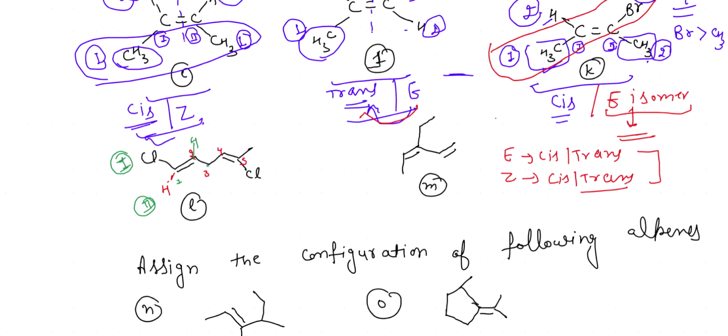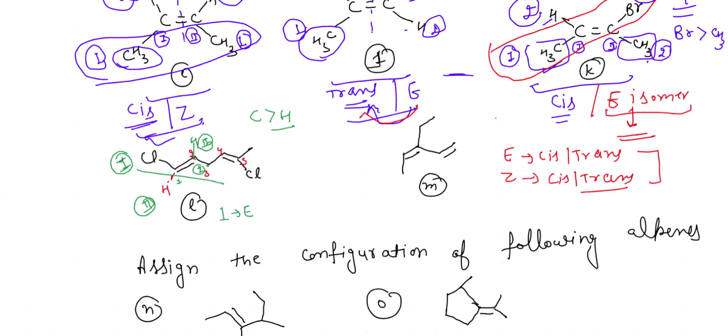Out of carbon and hydrogen, carbon is given more priority. So this is your 1 and this is your 2. The high priority groups are present on opposite sides, so carbon number 1 is E isomer.